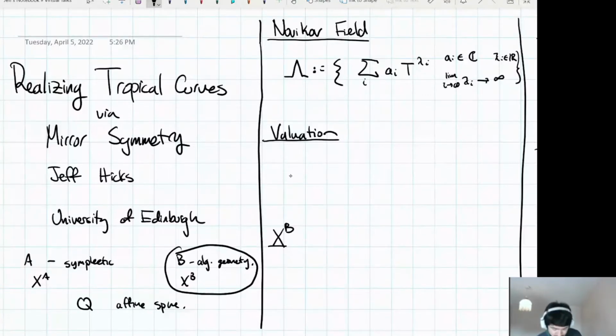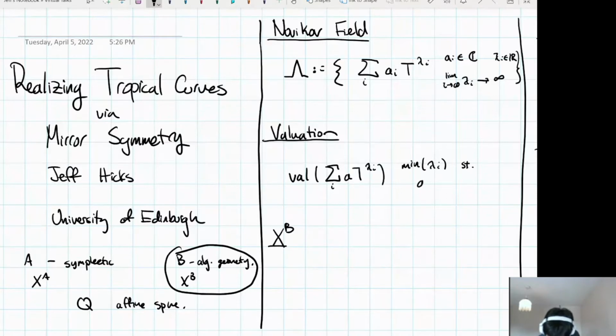So this comes with a valuation, which is the valuation of some element of this field: it is the lambda_i which is smallest, so it's the minimum of these lambda_i's such that a_i is not equal to 0.